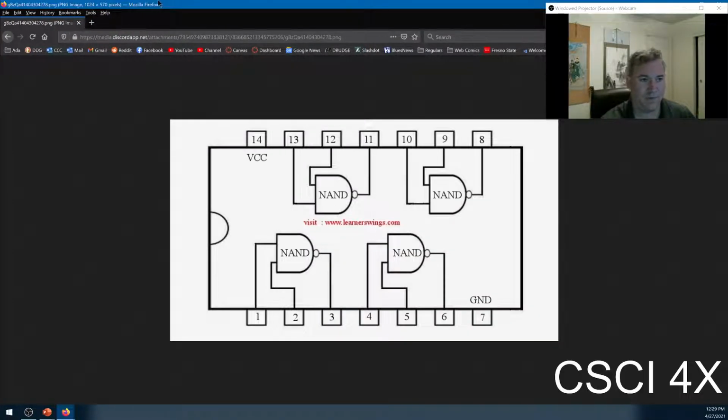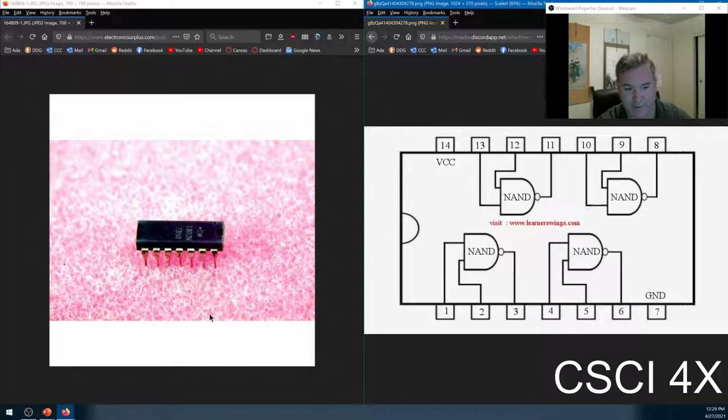Okay, here we go. You can see the divots on this side, so it's actually rotated 180 degrees from this. But let's just pretend the divot's over here so I can explain it without having to mentally do math and rotations. So this would be pin 1 if the divot was over here. This would be pin 1, pin 2, pin 3, goes to pin 7, and then it goes back like this.